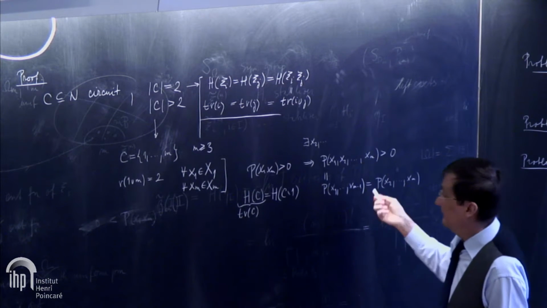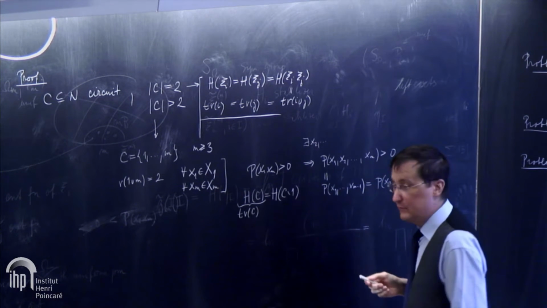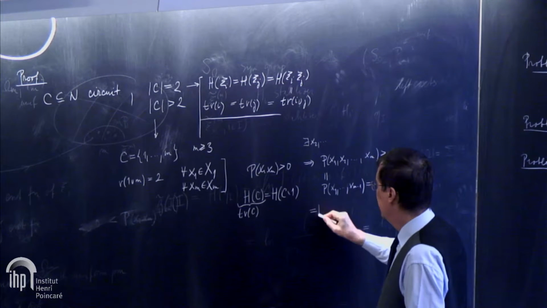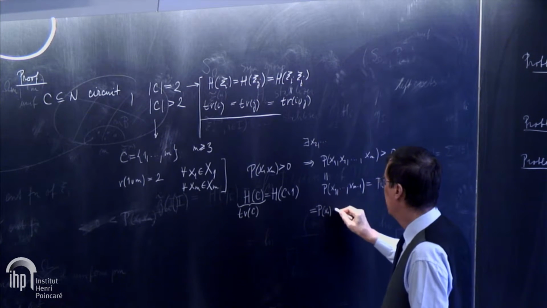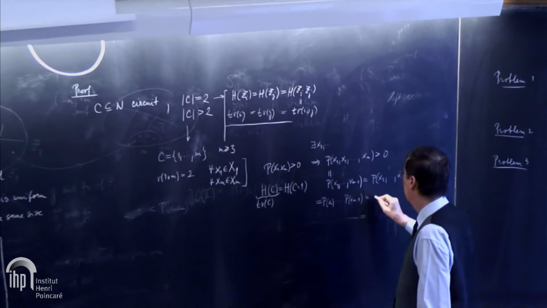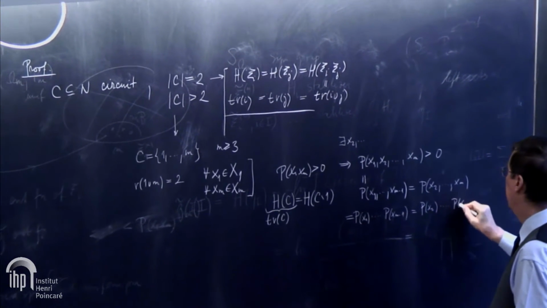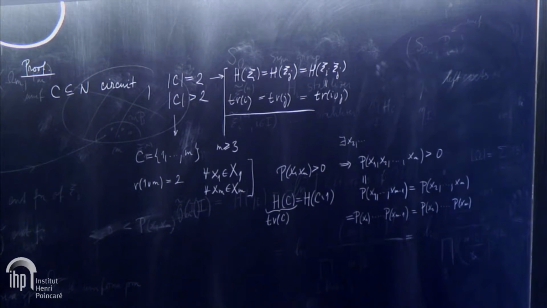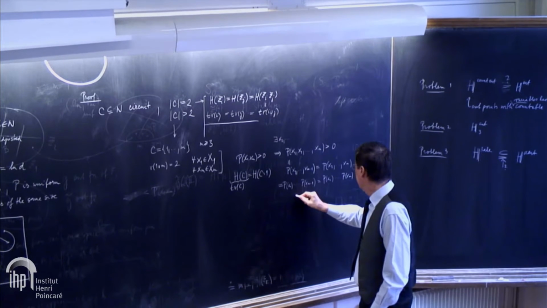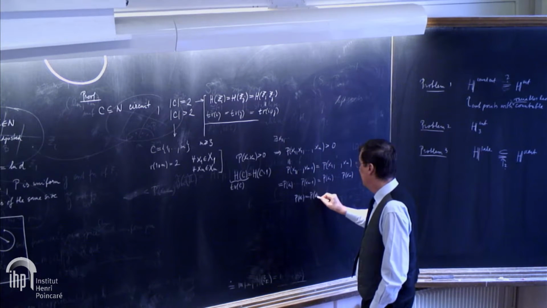And one more thing: we know that this is a proper subset of C, so the variables must be independent. So this is a product: p(x_1) times p(x_{m-1}), and p(x_2) times p(x_m). Now I cancel everything, and I get p(x_1) equal to p(x_m).